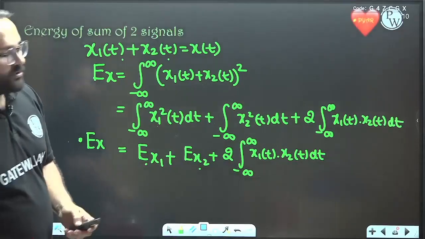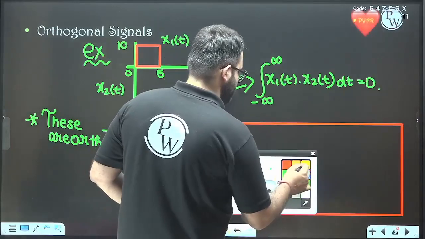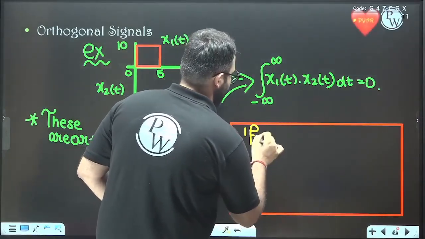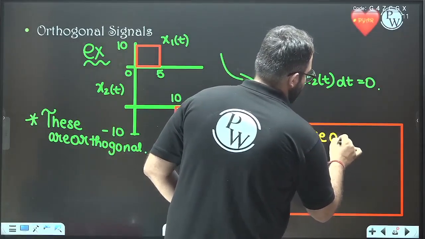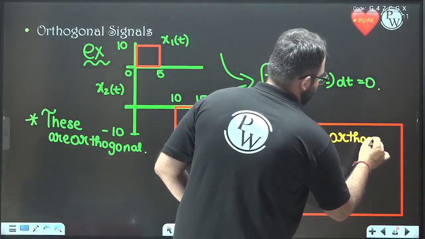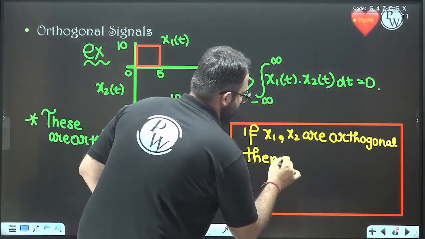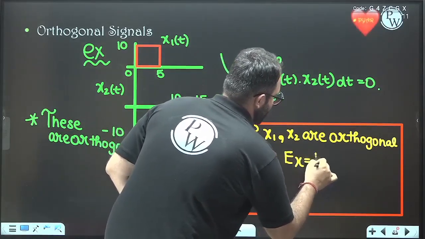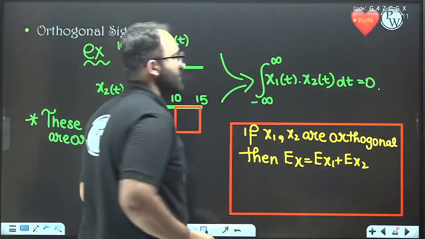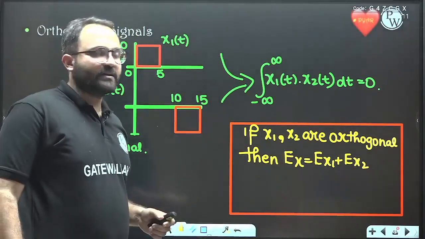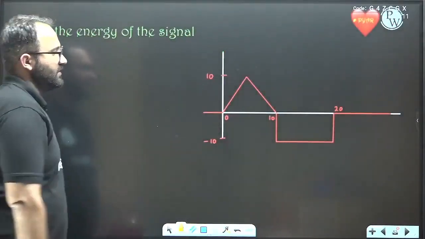So if x1 and x2 are orthogonal, then the energy of x will be equal to the energy of x1 plus the energy of x2.